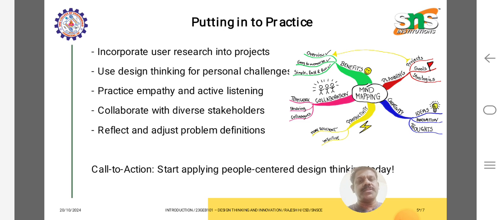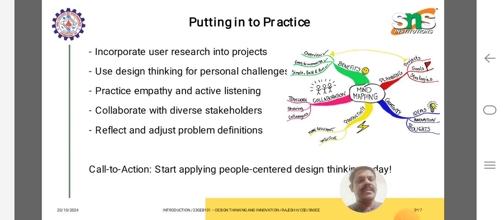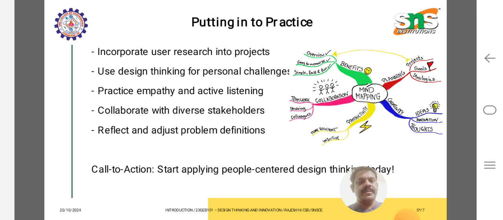So we call this process a call to action process. Once the solution has been proposed, it has to be implemented in the next phase. So that immediate attention and requirement is the call to action: start applying people-centered design thinking immediately. That's what putting into practice means.